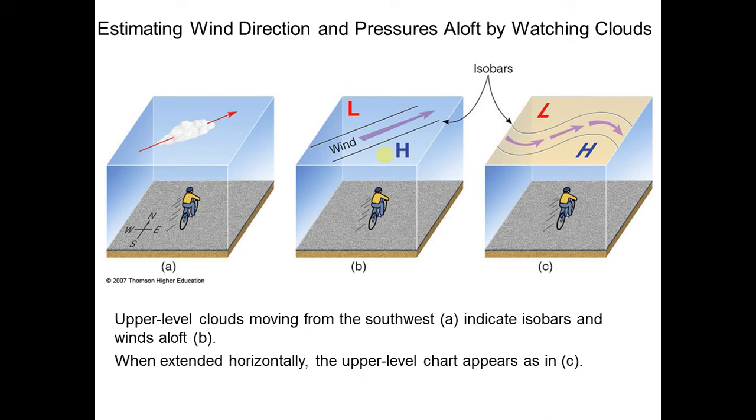And then you can zoom outward, and because we know that the winds aloft tend to blow in a wavy pattern, you know there would be a ridge toward the southeast and a trough toward the northwest. Cold air is associated with the trough in the upper levels, warmer air with the upper level ridge.